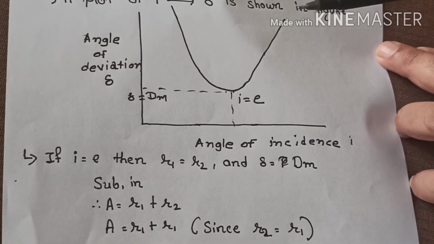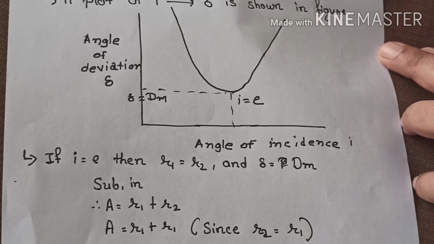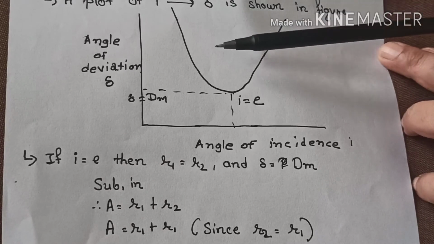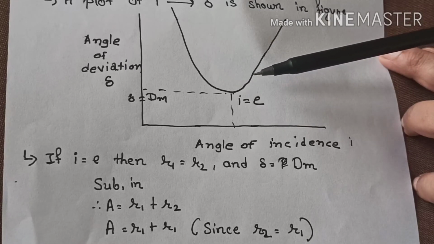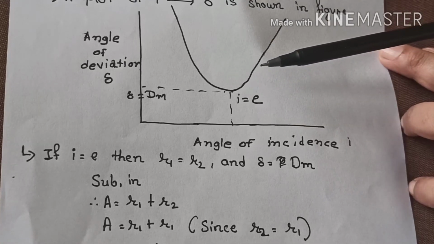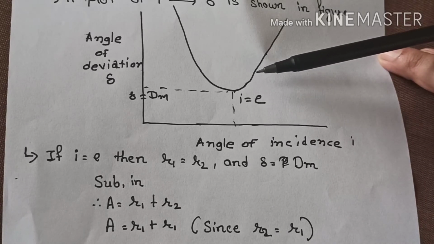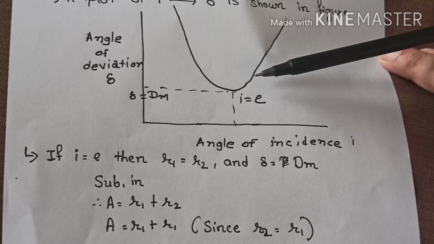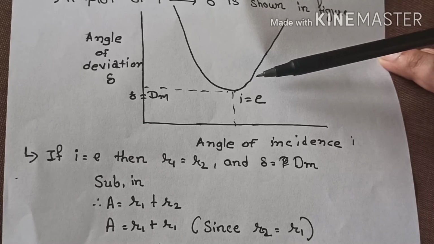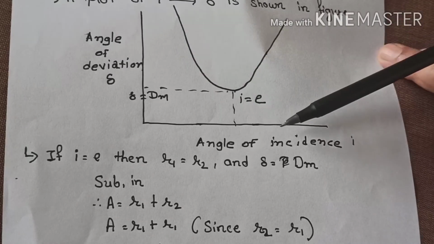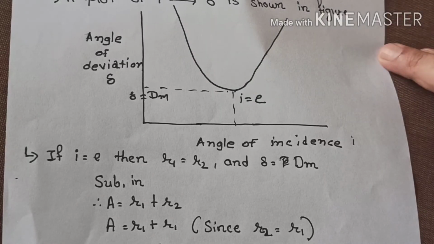Here with this expression, you know the angle of deviation, that is the angle between the incident ray and the emergent ray. In the figure it is explicitly shown. Delta is the angle between the incident direction and the emergent ray. If you plot this angle of deviation versus incident angle, you will find this shape of plot.